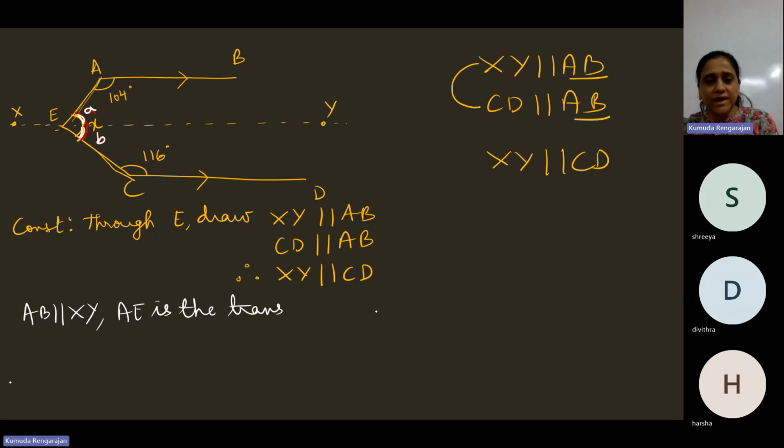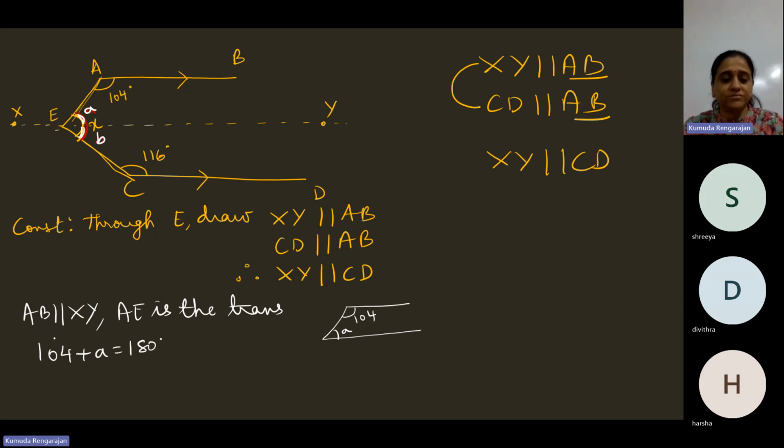So let's look at that part of the diagram alone. What is the relation between these two angles? Co-interior angles or allied angles. 104 plus A is equal to 180.